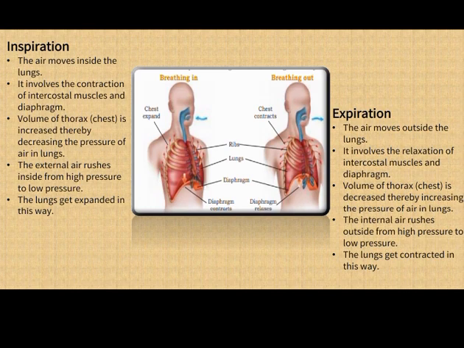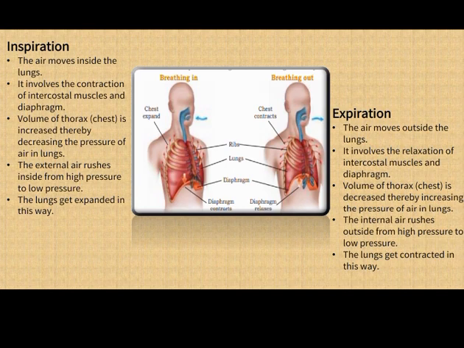In inspiration, the air moves inside the lungs. It involves the contraction of the intercostal muscles and the diaphragm. The volume of the thorax, the chest, is increased, thereby decreasing the pressure of air in the lungs.